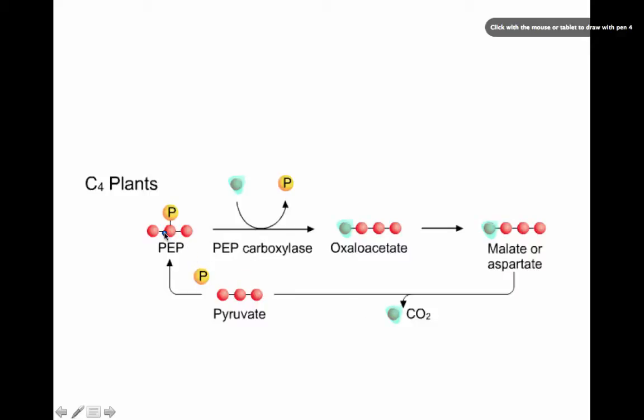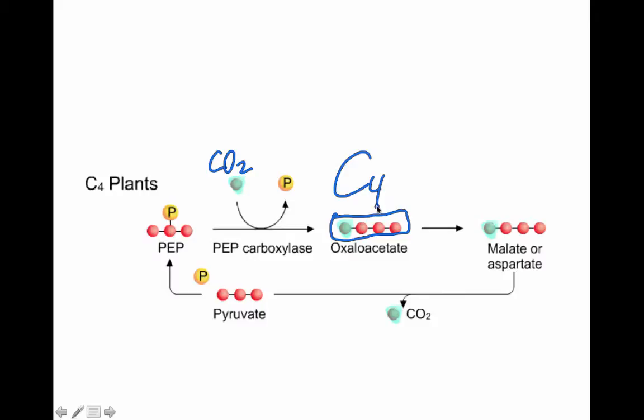It takes an intermediate of metabolism, pyruvate, and converts it into PEP, which I believe is phosphoenolpyruvate. And then this enzyme, PEP carboxylase, takes a carbon from CO2, trades it for that phosphate, and then your CO2 is hiding in this 4-carbon intermediate. So this is where we get the name C4 for this pathway. A few more enzymatic conversions, and then this CO2 can be released to go back into the Calvin cycle.